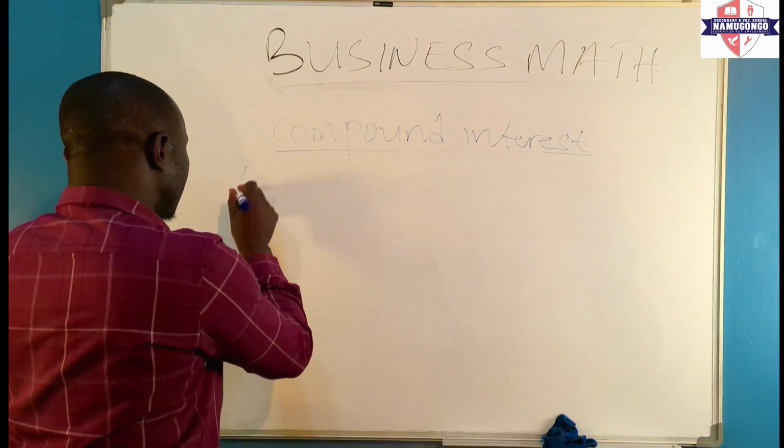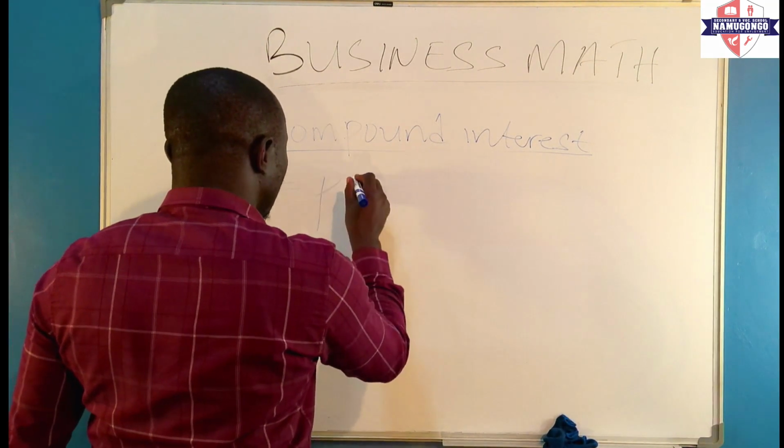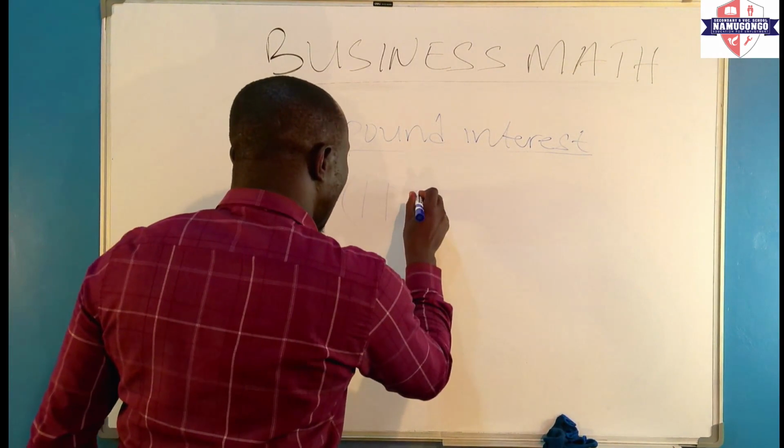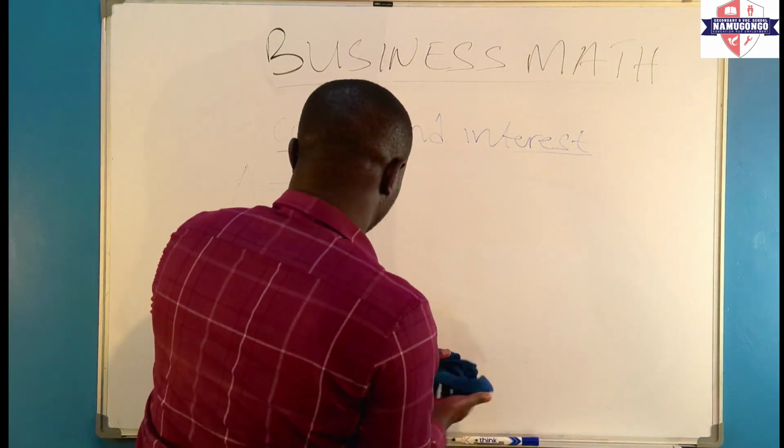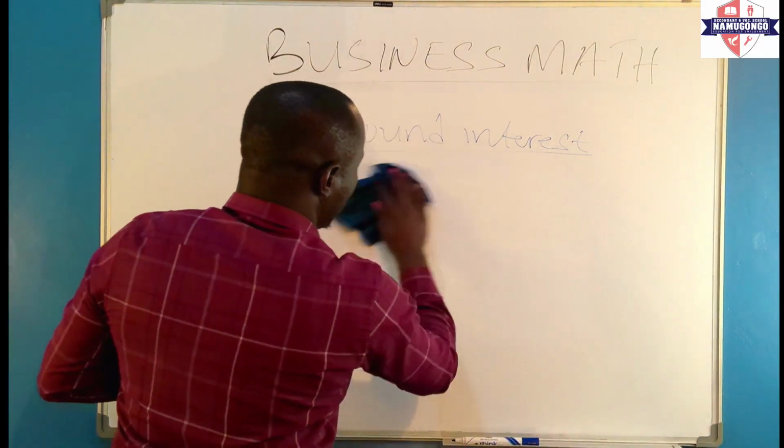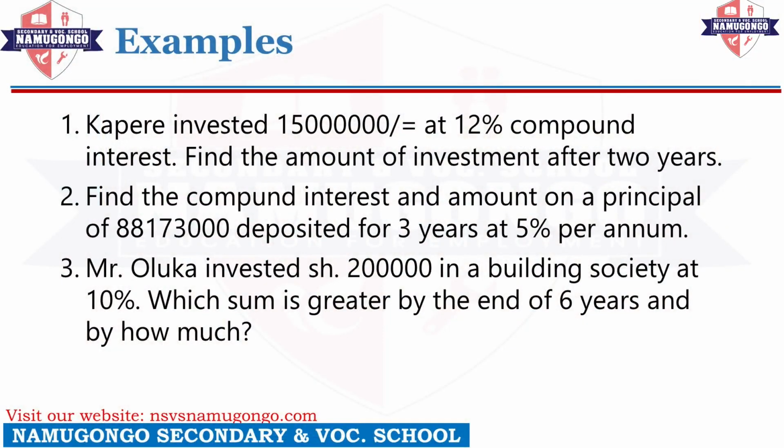So what you do is to quote the formula. You just say amount is equal to P into 1 plus R over 100 raised to the power of N. Then we shall substitute our values into our formula.